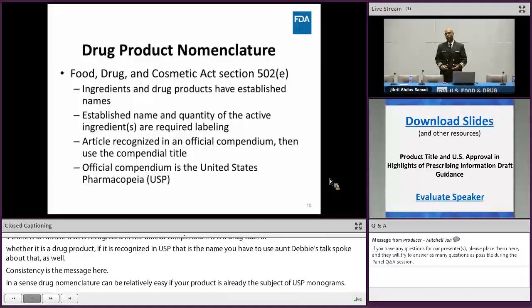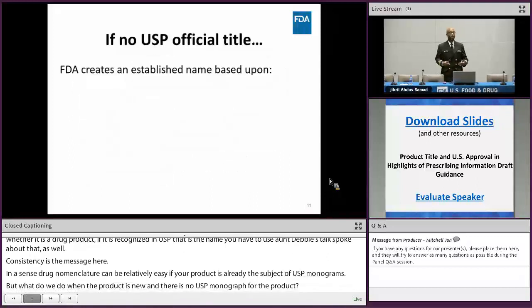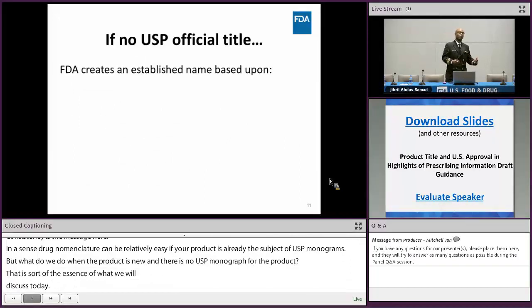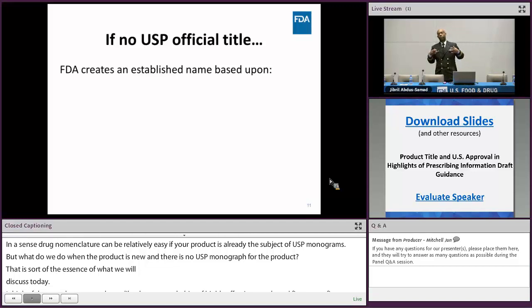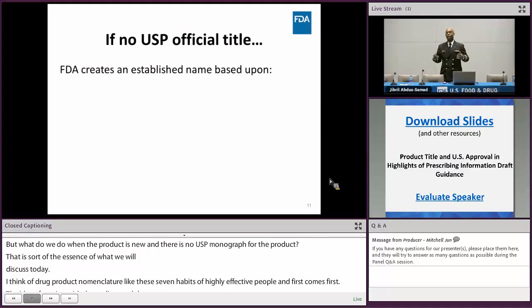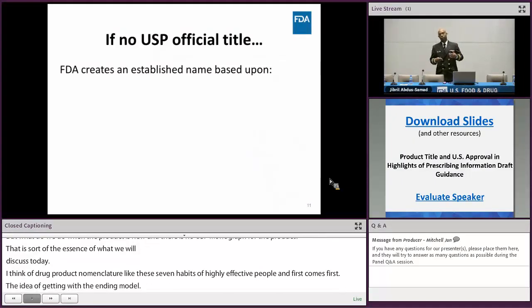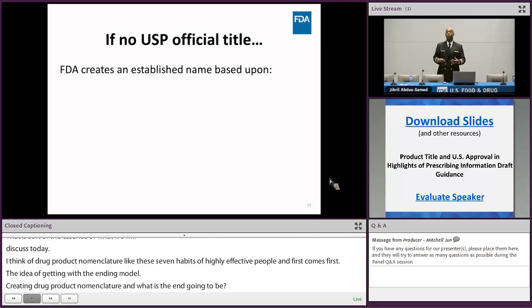I think of drug product nomenclature like the author Stephen Covey, The 7 Habits of Highly Effective People, and also First Things First. He talks of this idea of beginning with the end in mind. So in creating drug product nomenclature, think about what the end is going to be. Previously, Debbie spoke about drug products coming onto the market, and then ultimately USP will create a monograph for that product.